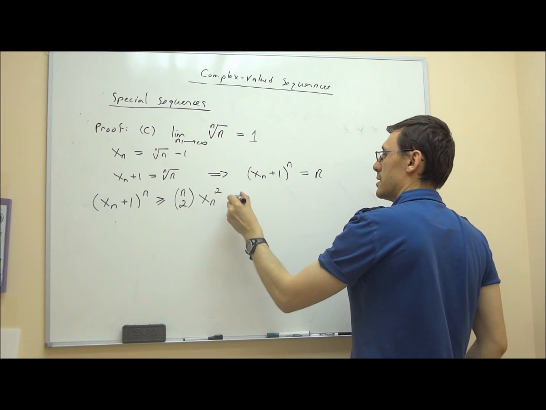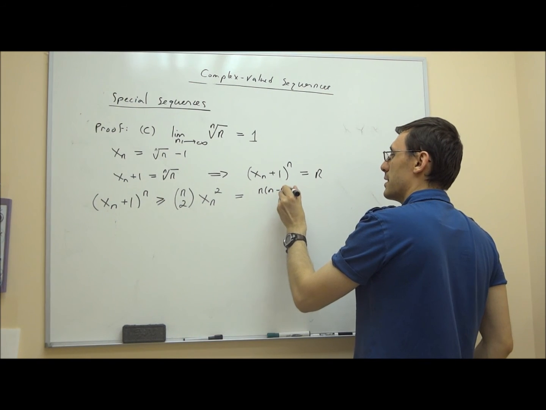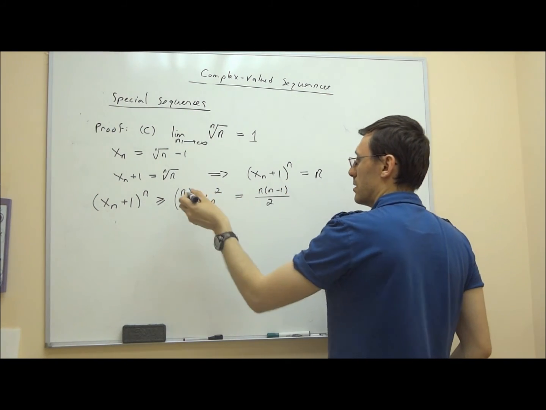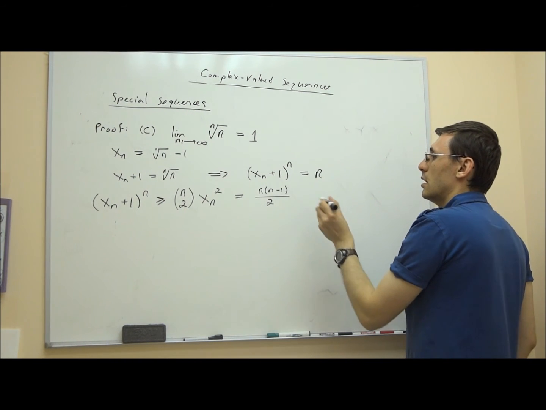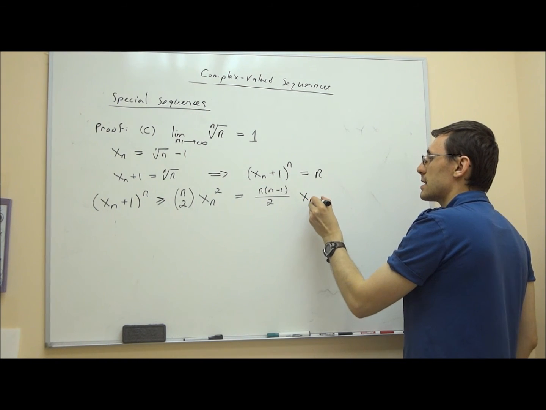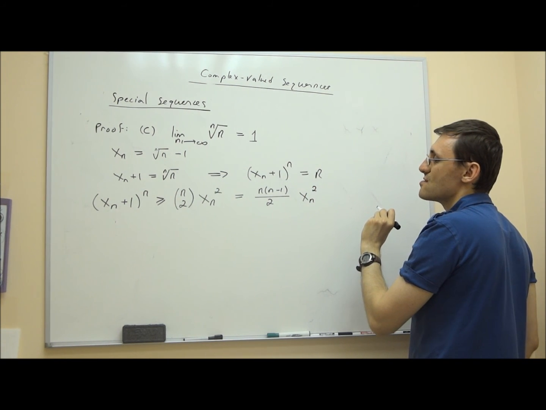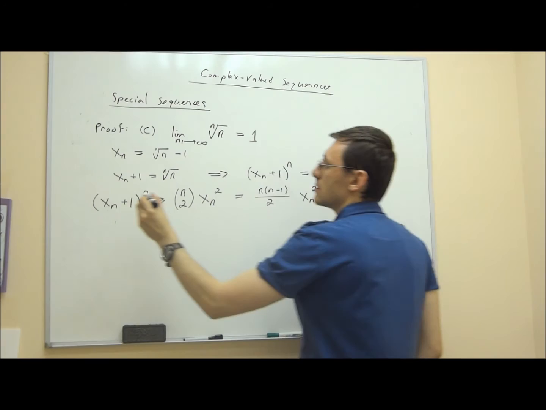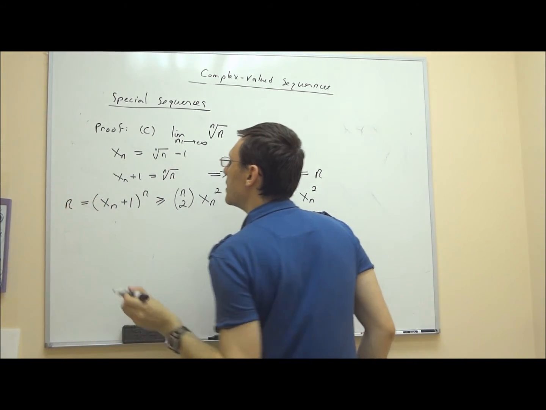Once you simplify it, n choose 2 is n times n minus 1 over 2, times xn squared. And this is equal to n.